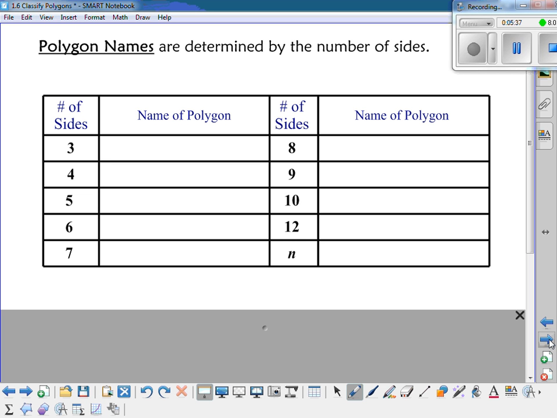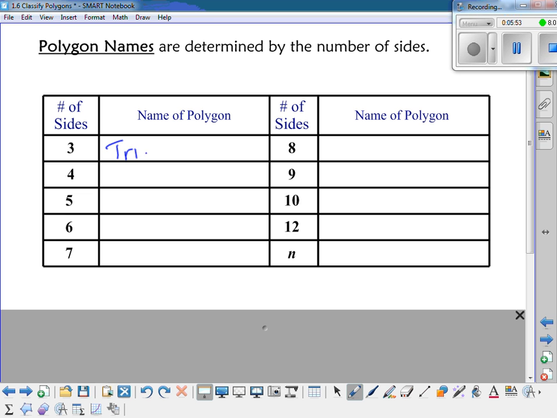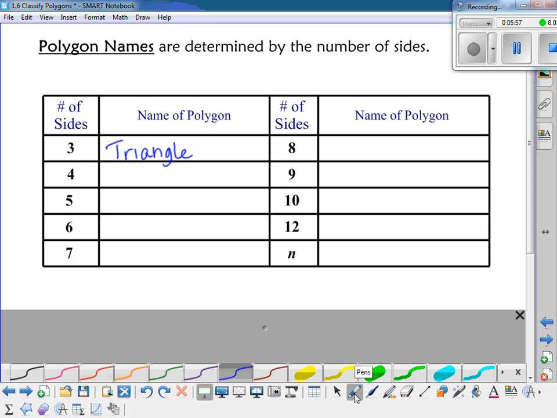So the name of a polygon is determined by the number of sides that it has. These are names that you have probably heard before at some point in your math career. If it has 3 sides, it's called a triangle. If it has 4 sides, the general name that we use is quadrilateral.